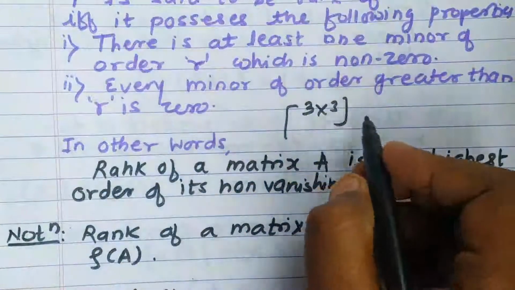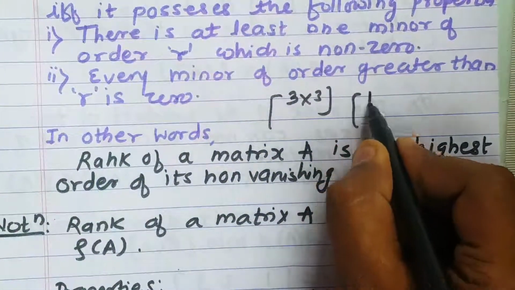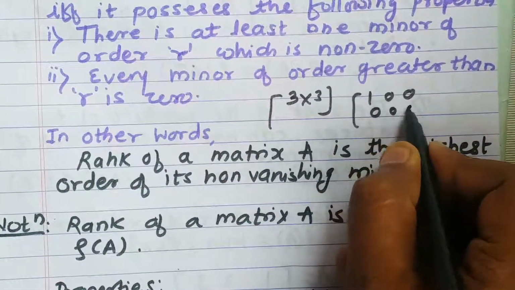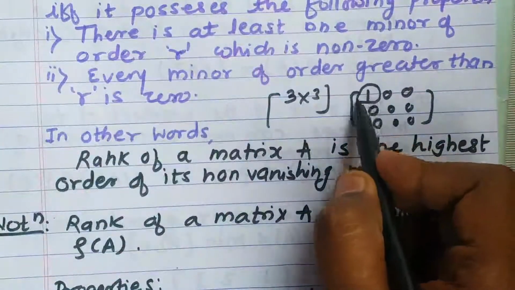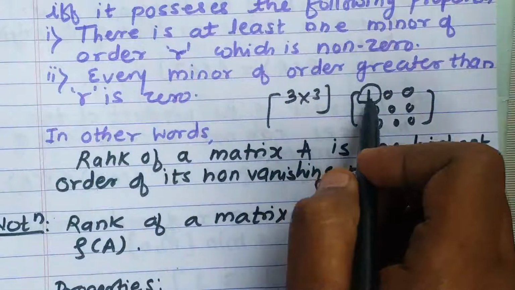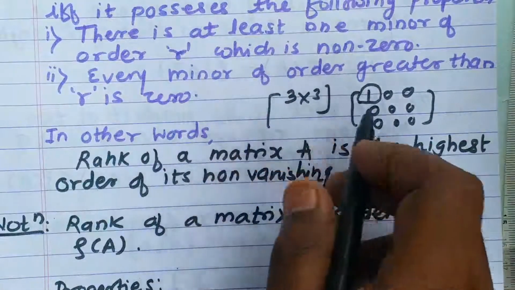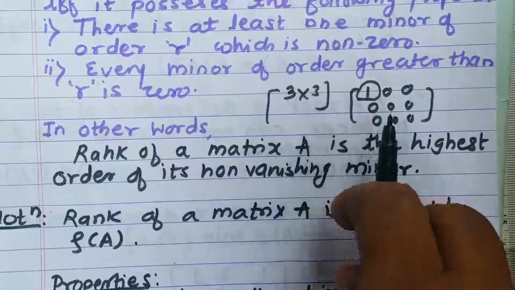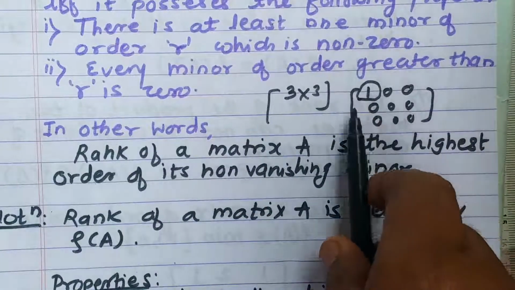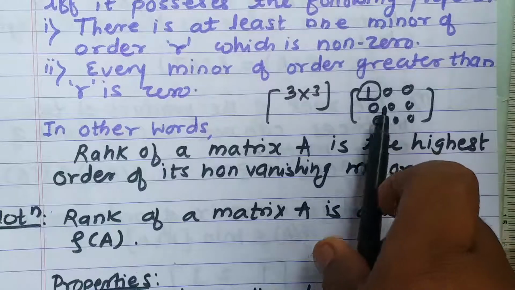You can take a matrix with 1 in the first entry and 0 in all other entries. We can see that this single entry is non-zero, so the minor of order 1 is non-zero. But if you form minors of order 2 and 3, you will get all of them 0.